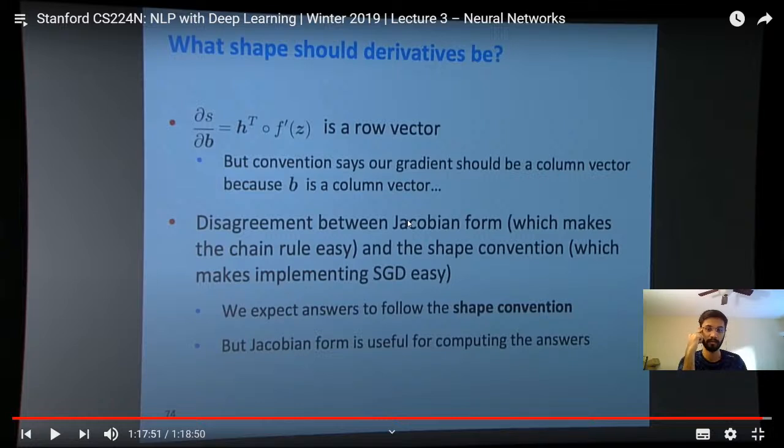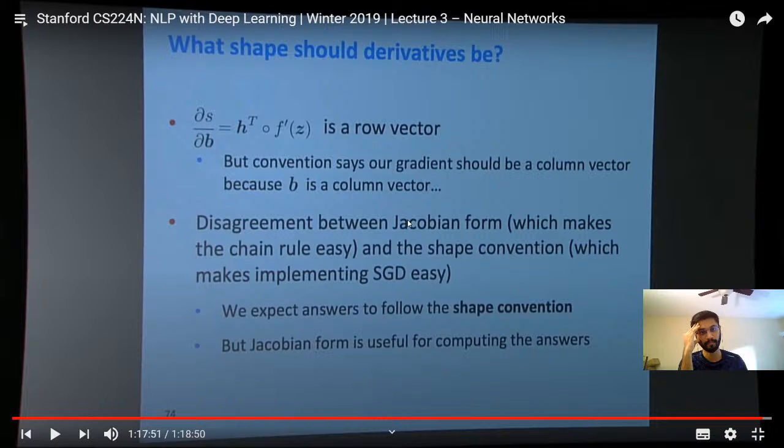Yes? Yeah, that's the shape convention. Disagreement between Jacobian form, which makes chain rule easy, and the shape convention, which makes implementing SGD easy. They expect answers to follow the shape convention, but Jacobian form is easier for computing errors. Oh, okay.